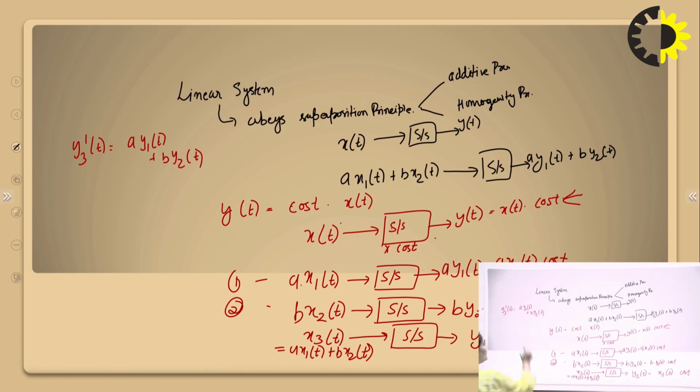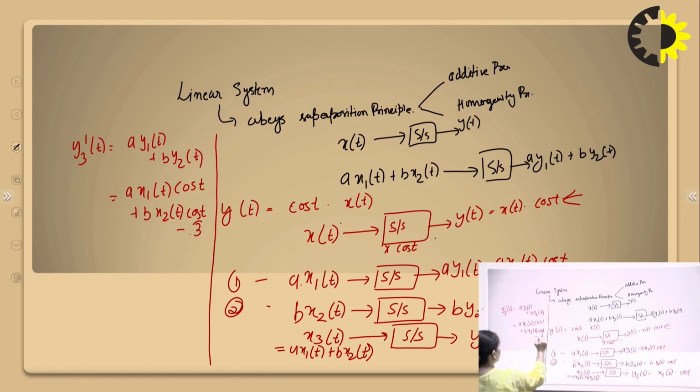So a of y1(t) is a of x1(t) into cos t, and b of y2(t) is b of x2(t) into cos t.